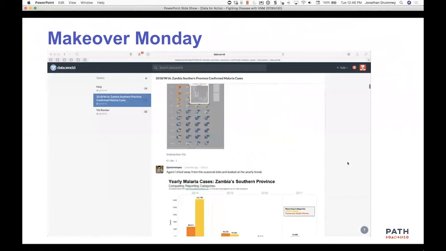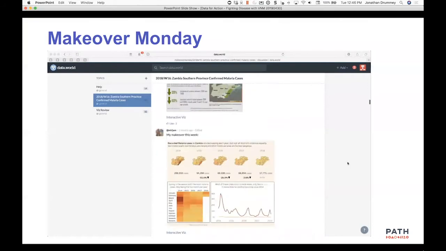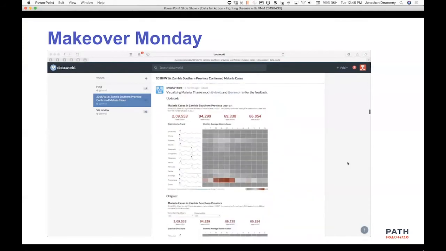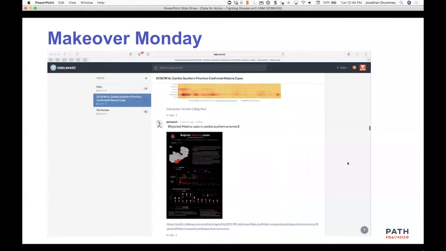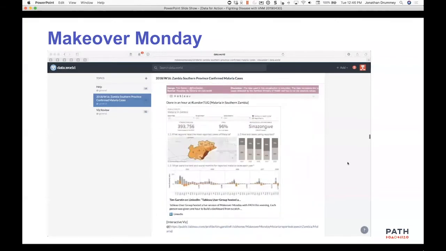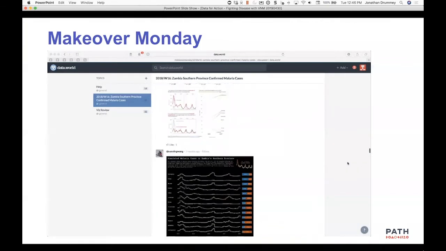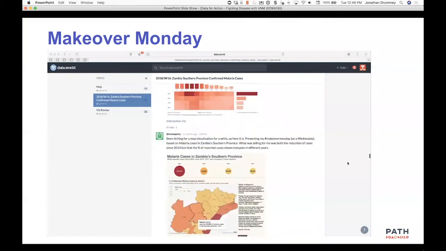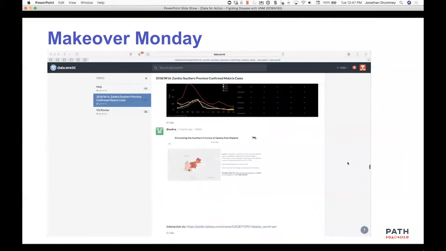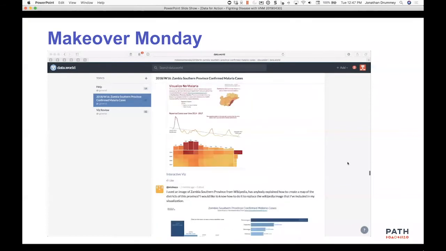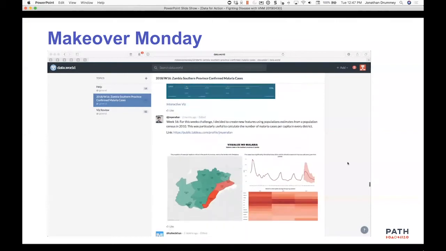And last year for World Malaria Day, we put up a data set of simulated data from Zambia. What we're scrolling through here are a number of the over 80 visualizations that were created that week by people working in their spare time who did not know malaria, working with public health and malaria, and making all of these different visualizations, which the vast majority of them we can download, see how it was built, and use it ourselves.